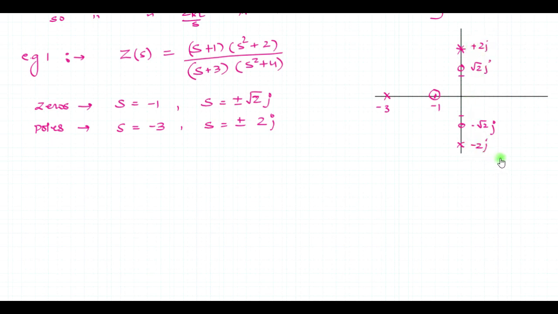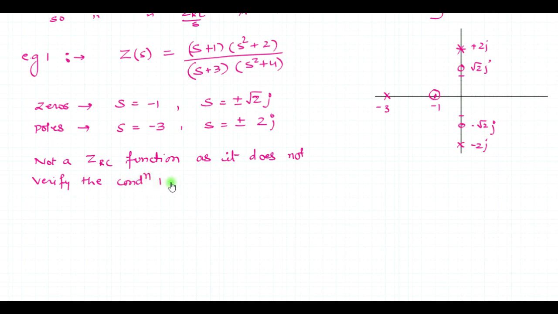Now from the pole-zero plot, I can see that there are some poles and zeros which are lying on the negative real axis, but there are other poles and zeros which are lying on the imaginary axis, which is violating the condition number 1, and hence I will say that it is not a ZRC function. If it is not a ZRC function, can it be a ZRL function?